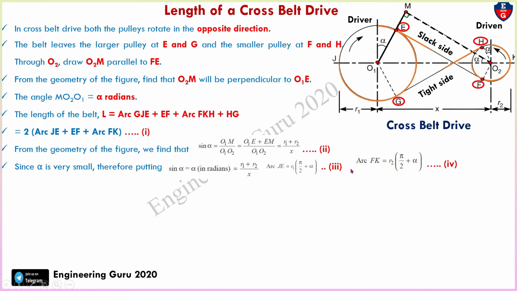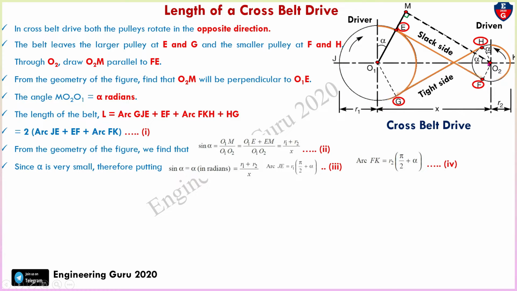The arc JE is 90 degrees plus alpha, with radius R1, so arc JE equals R1 into bracket pi by 2 plus alpha. So this is our equation number 3.